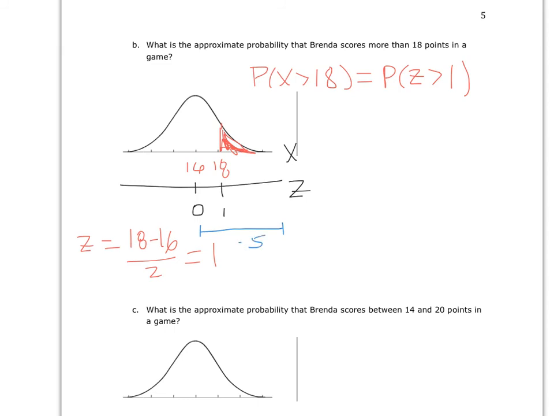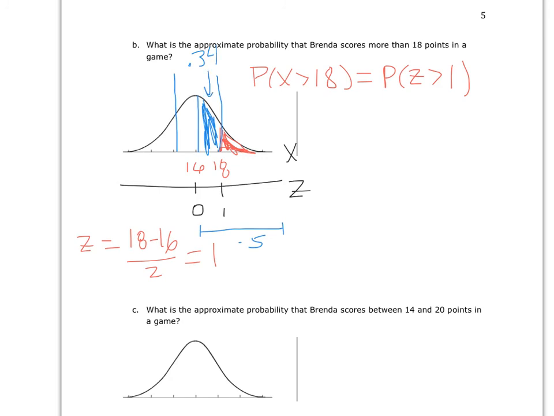And everything between 1 standard deviation to the left and to the right is 0.68. Because of the symmetry, between 16 and 18 is half of 0.68, so that's 0.34.